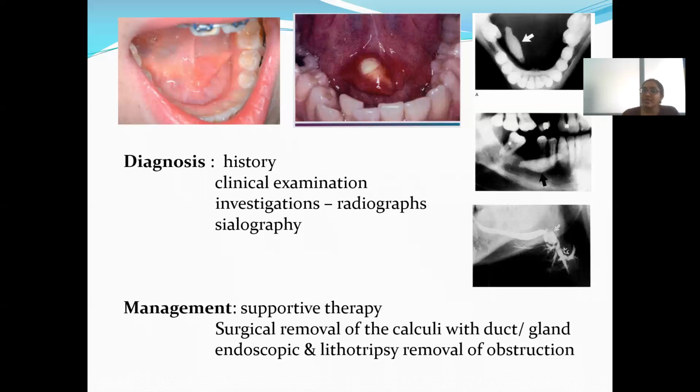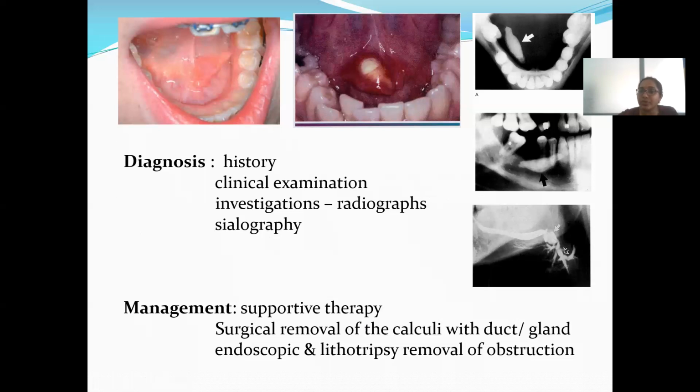Usually, what radiographs are taken? If it is a submandibular salivary stone, we usually take an occlusal radiograph. In this occlusal radiograph, you can clearly see the salivary stone taking the shape of your salivary duct.